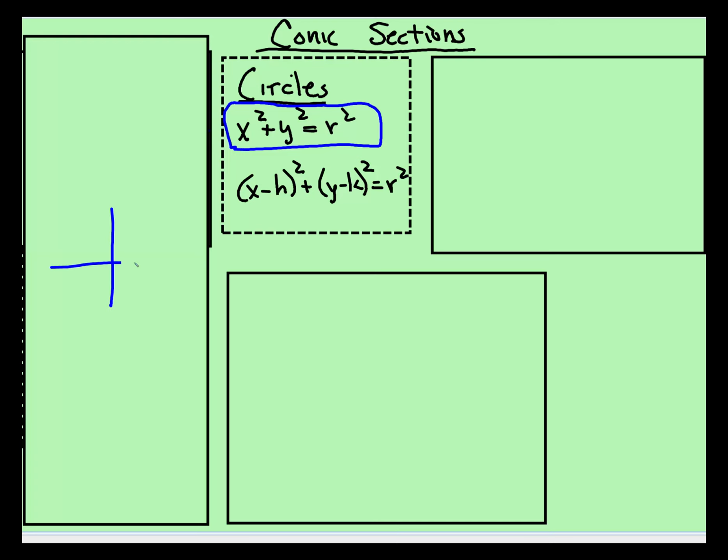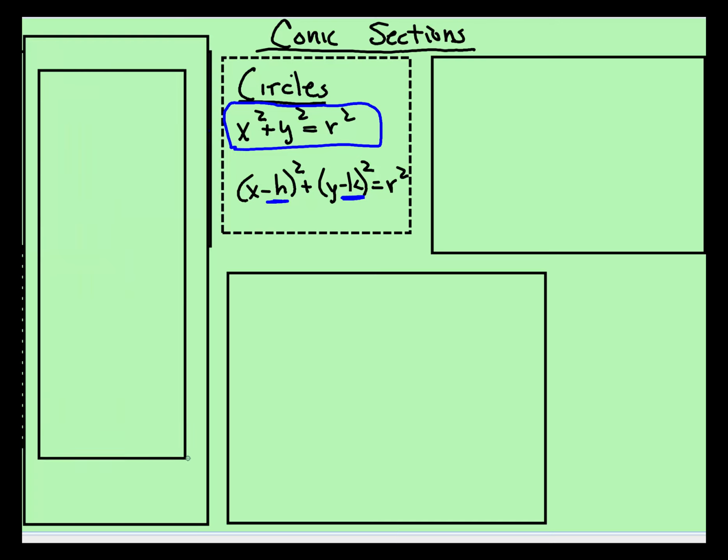If you had a circle that's not centered on the origin, it would look something like this. This subtract h, subtract k would be the x and y coordinates of the center. So there are just 2 different situations if you are learning about circles.